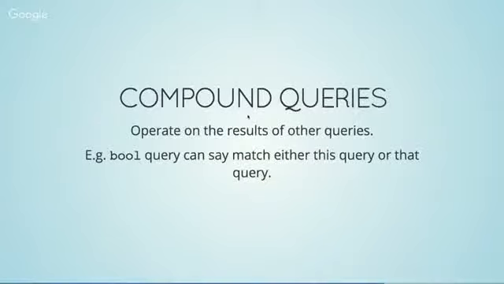And then you get into more interesting stuff like compound queries. So generally, this is done through the bool query. Bool query is like working with AND or NOT operators, except it's more aware of relevance. So in a bool query, you would specify these things must be true.